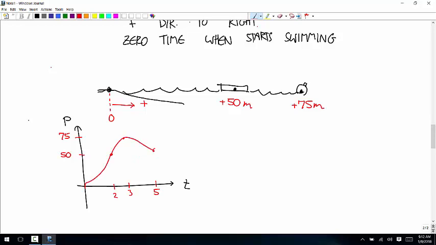We don't know anything really about what's happening in between those points, but I just sort of made them smooth. So that's a position versus time graph, but that is not a universal position versus time graph. It's just specifically the one that we have from our choices of 0 position, positive direction, and 0 time.